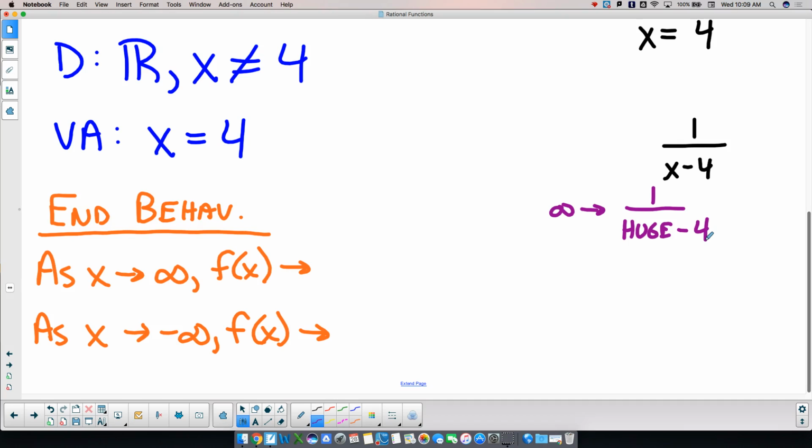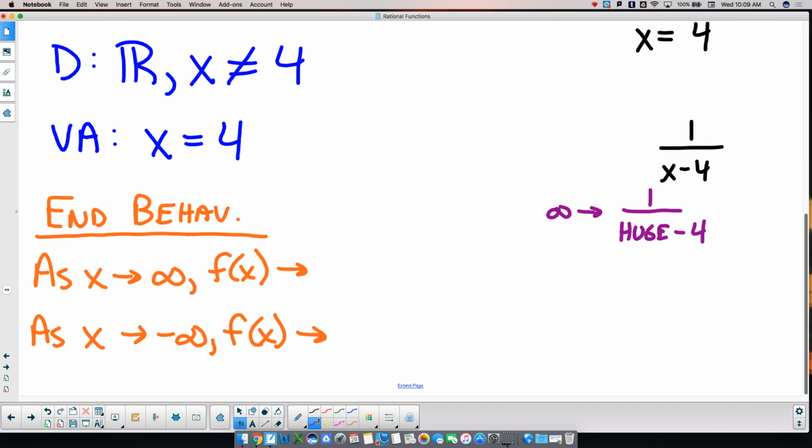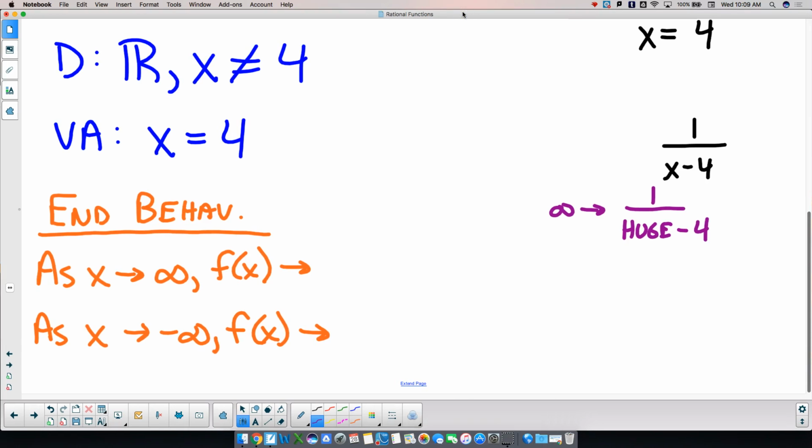Fraction logic tells me that that's going to be a positive divided by a positive, which is going to go to 0 from above. Because it's positive divided by positive.